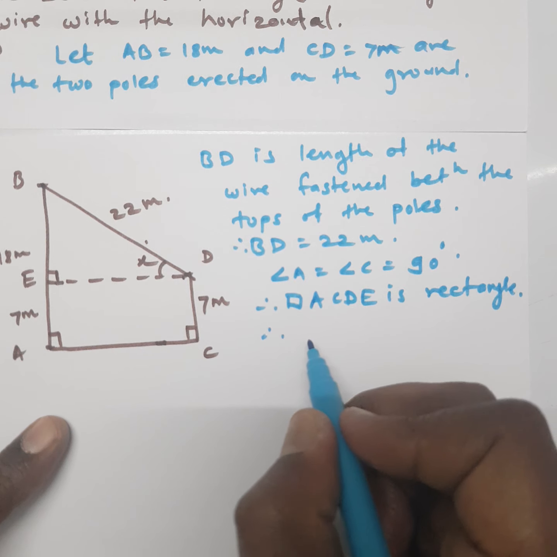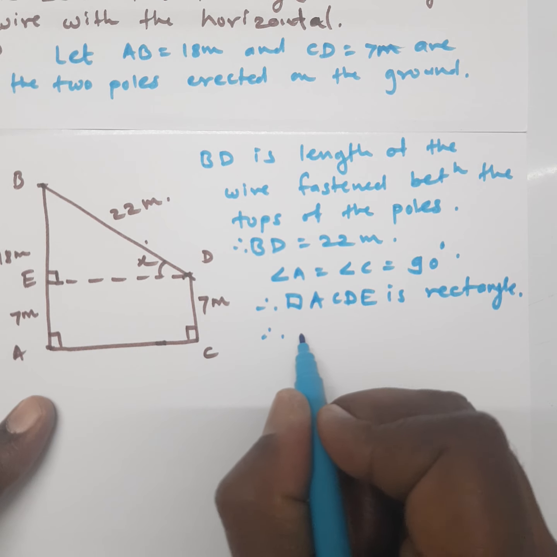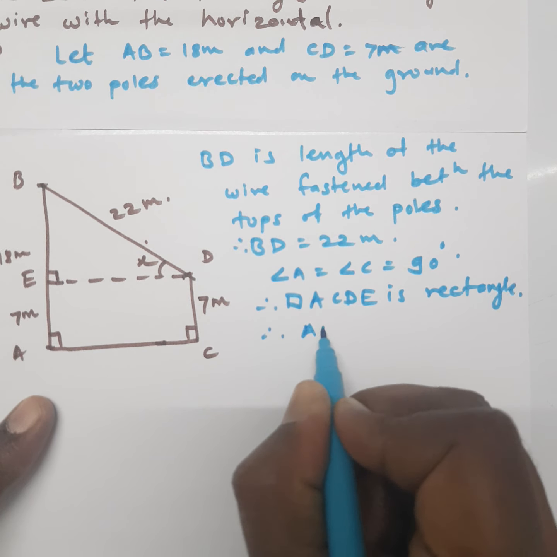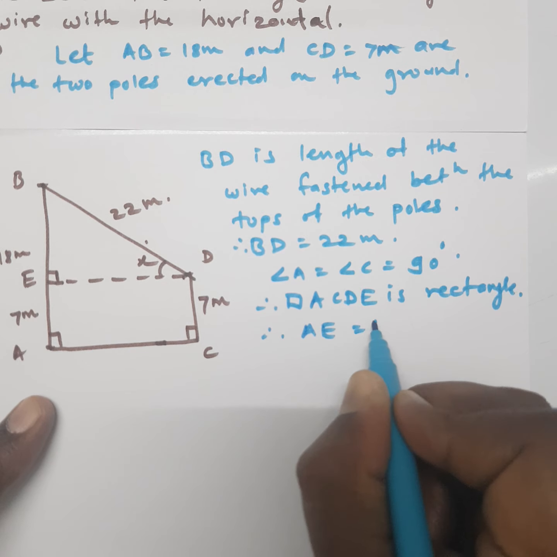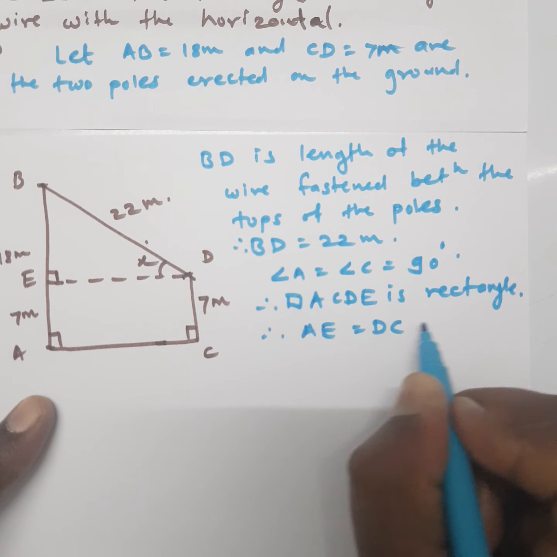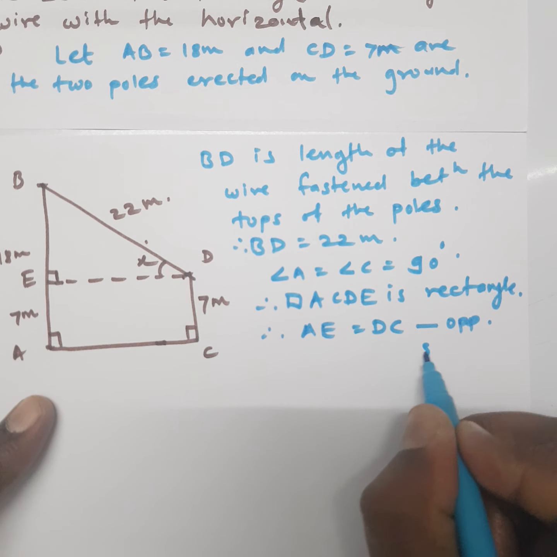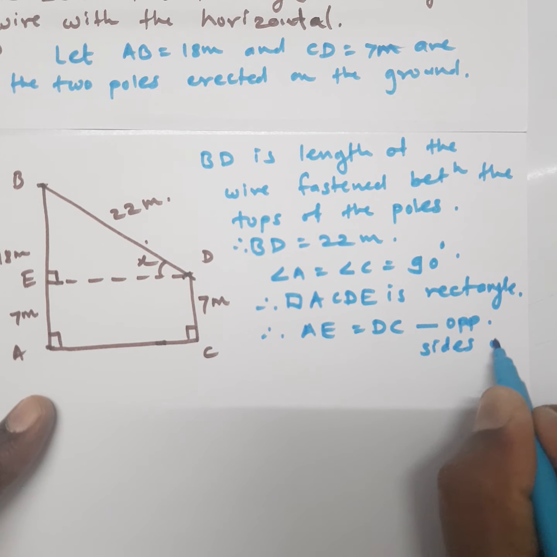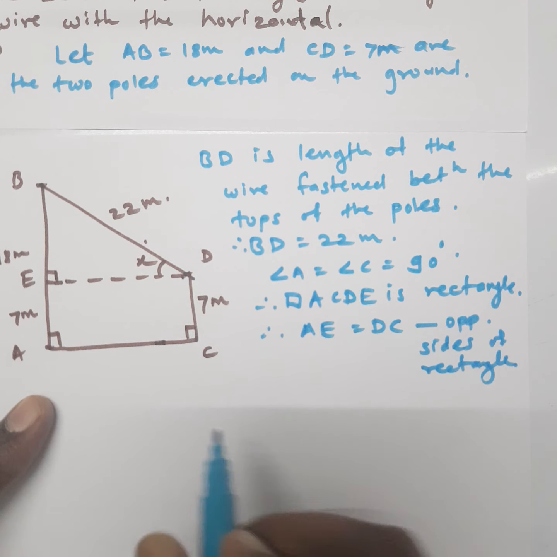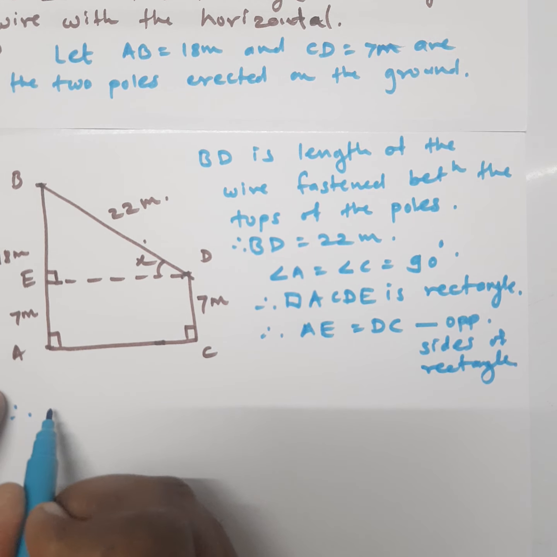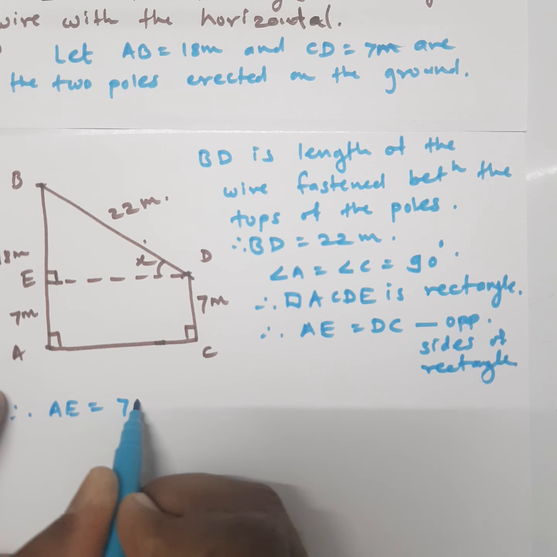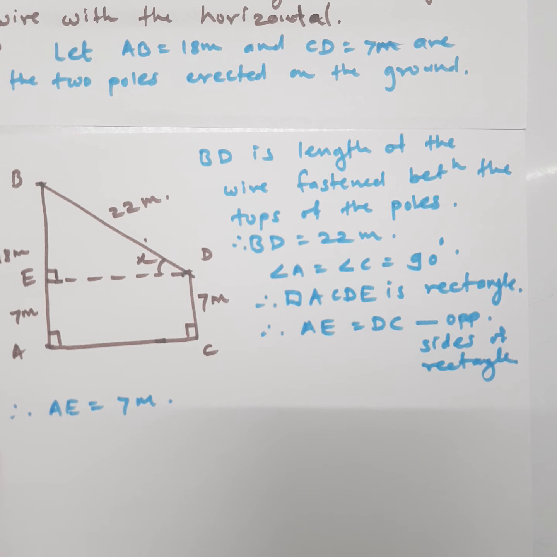Therefore, AE is equal to DC or CD, opposite sides of a rectangle. Therefore, AE is equal to 7 meter.